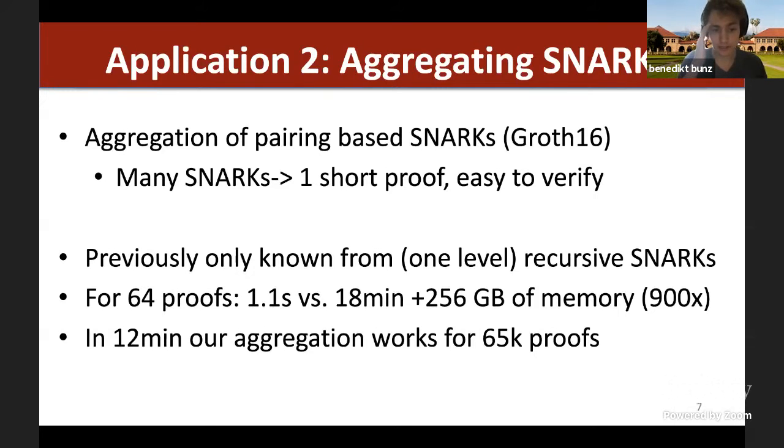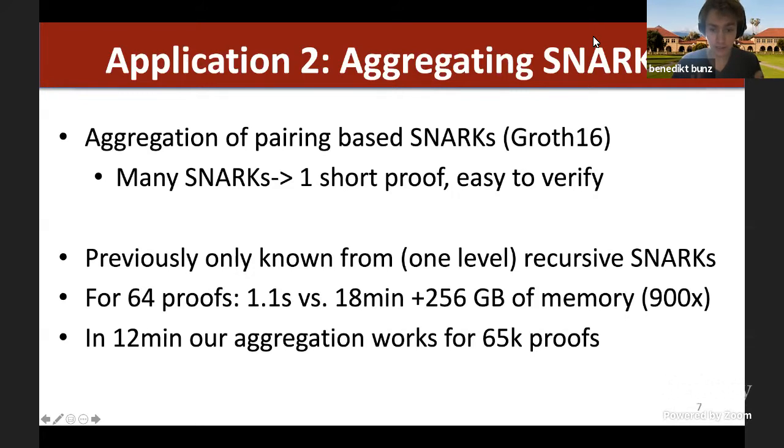You can see this in the fact that, say I want to aggregate 64 snarks, then our aggregation procedure takes 1.1 seconds, versus with one-level recursion, it requires 18 minutes and 256 gigabytes of memory. The large memory comes from having to compute a very large FFT here. So it seems somewhat inherent that you need that much memory.